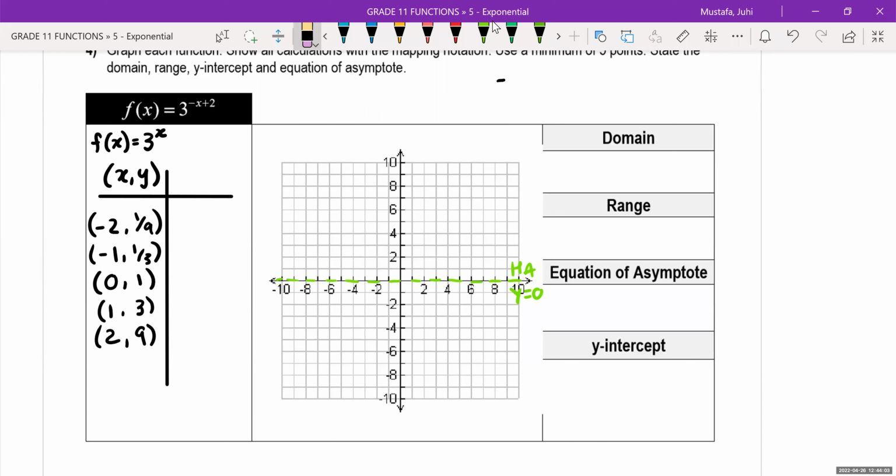And I'm going to start off by graphing my parent function f of x is equal to 3^x. So just do that super carefully and see what you get. When it's a parent function with no transformations, yeah, it's always y is equal to 0.